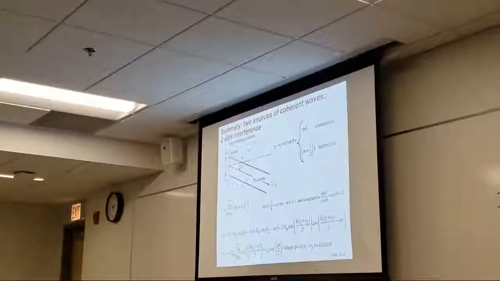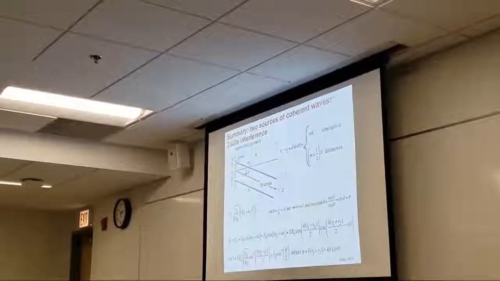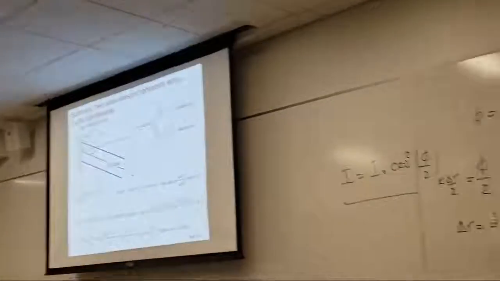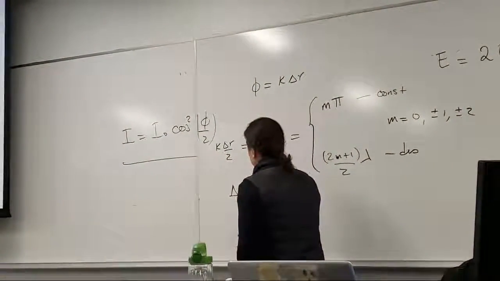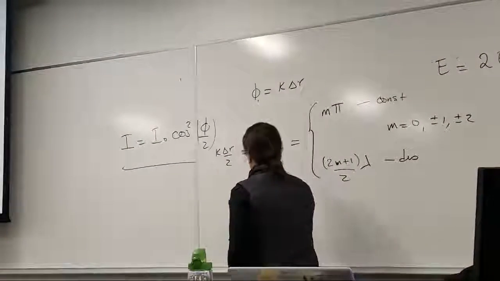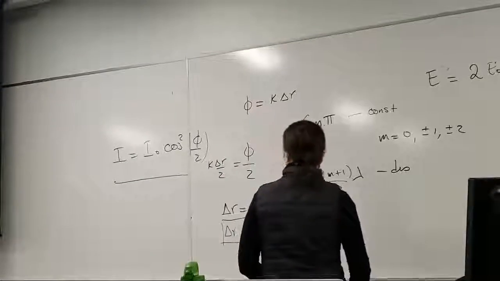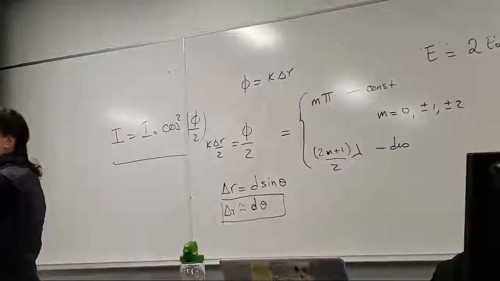So the final result here: the difference in path length when the angle is very small is approximately d theta. So delta r is approximately equal to d theta when I'm looking very close to the midpoint and the screen is very far away.